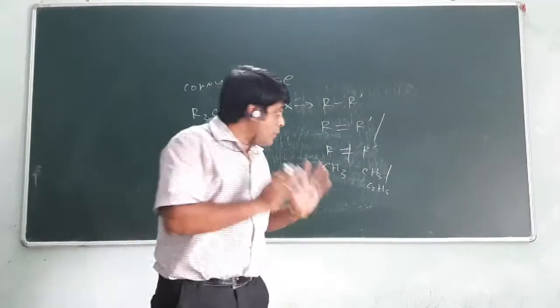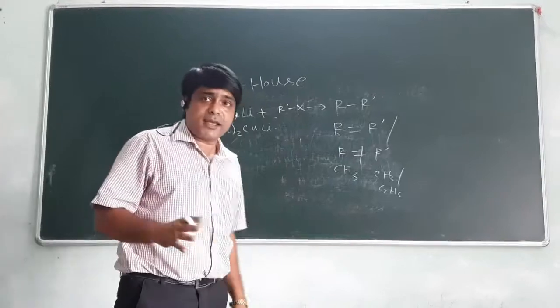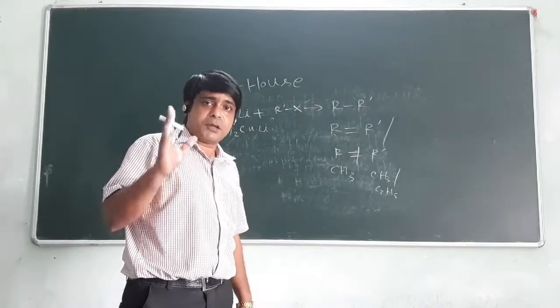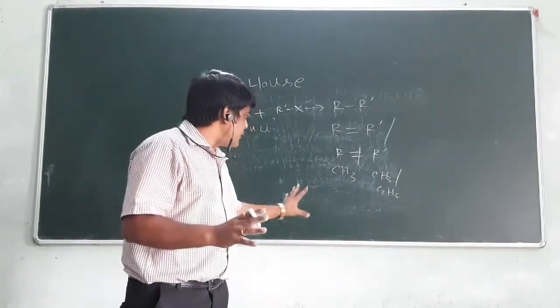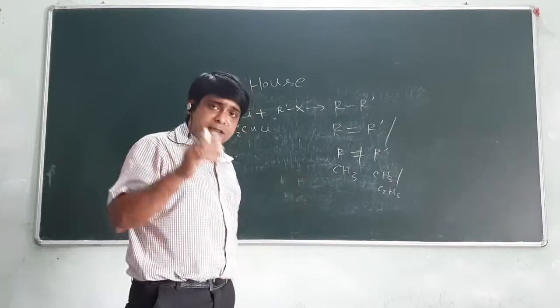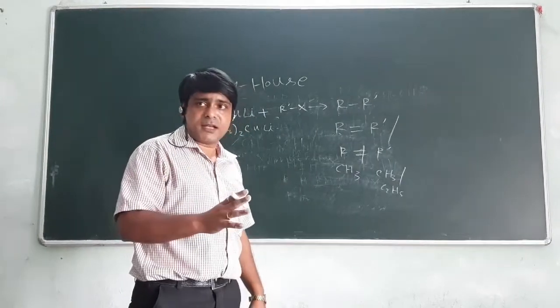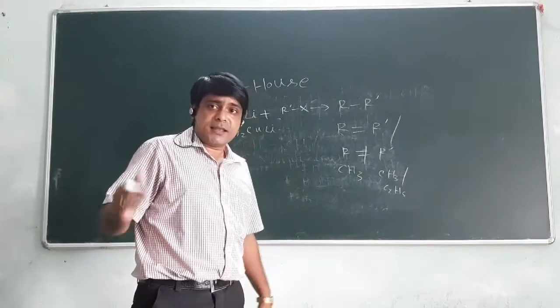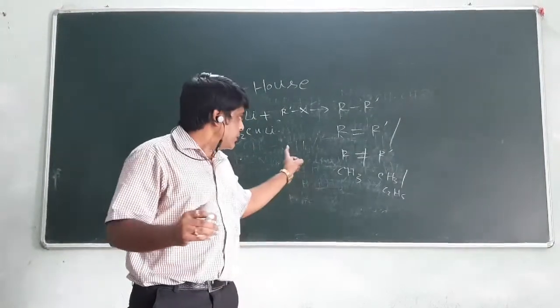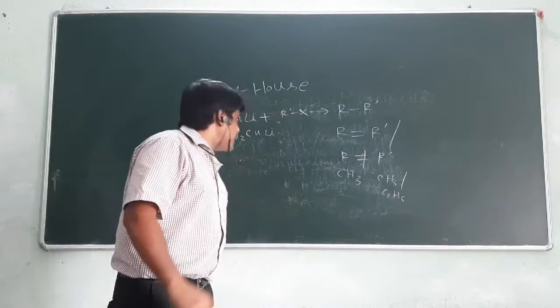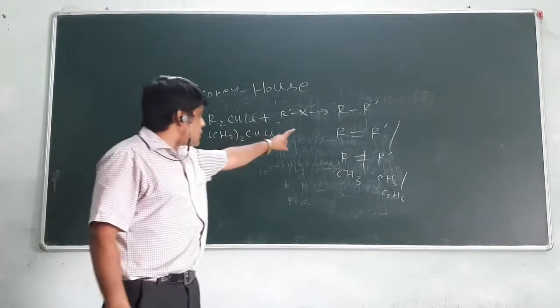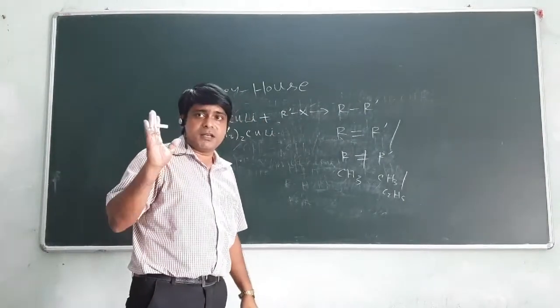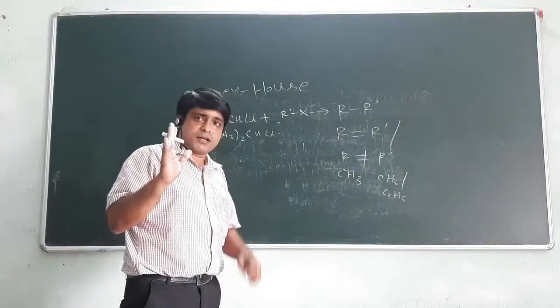So this synthesis is nowadays maximally used for the preparation of alkanes because we can prepare both symmetrical and unsymmetrical alkanes here. All higher alkanes can be prepared by using this method. And the most important point is that these reactions happen in dry ether or tetrahydrofuran.